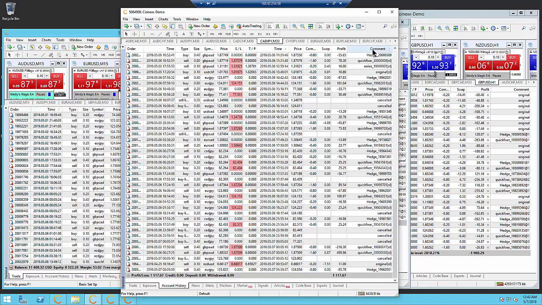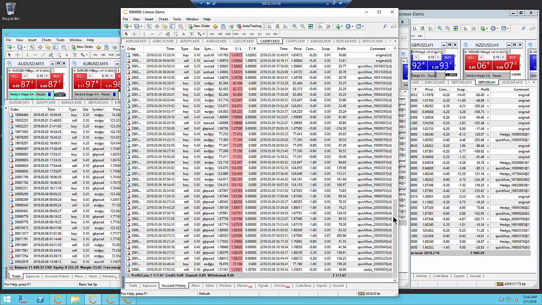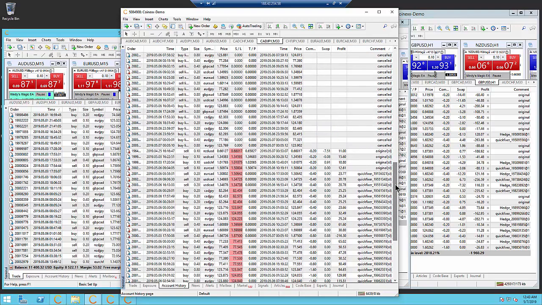But what we can do is sort this by comment, and we can see that so far in the trading day that just ended, we only had 4 original trades open and close today. So those 4 trades were for $11 a profit, $15, $10, and $12.